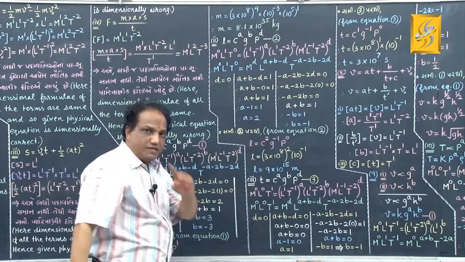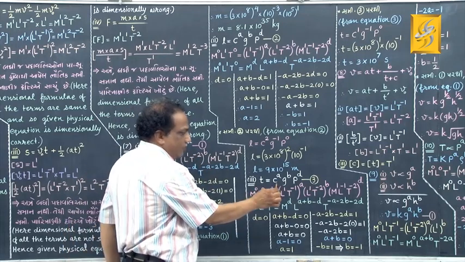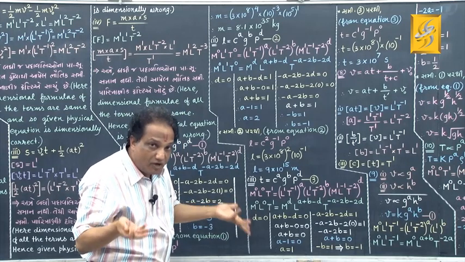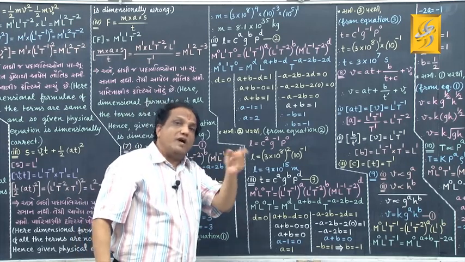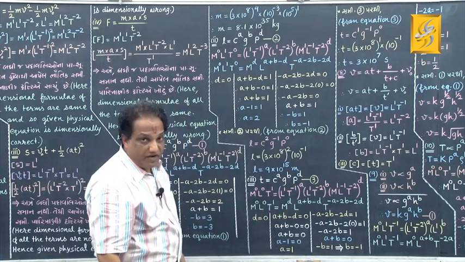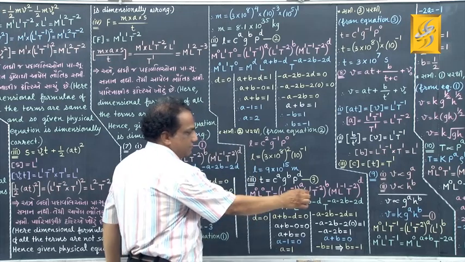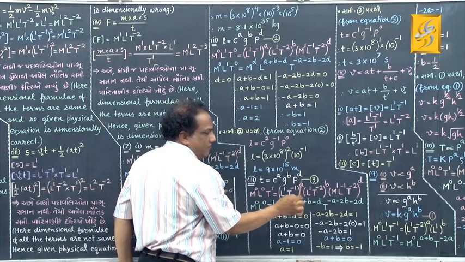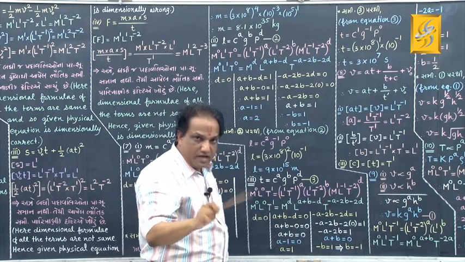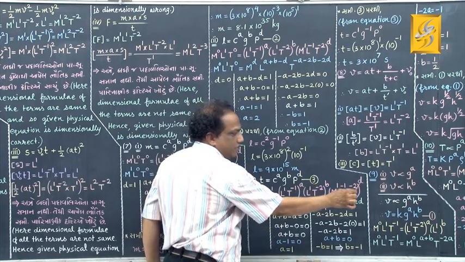For time, it is M raised to 0, L raised to 0, T raised to 1. For velocity of light in vacuum, it is velocity, L raised to 1, T raised to minus 1, whole raised to a. For acceleration due to gravity, it is L raised to 1, T raised to minus 2, whole raised to b. For pressure, M raised to 1, L raised to minus 1, T raised to minus 2, whole raised to d.